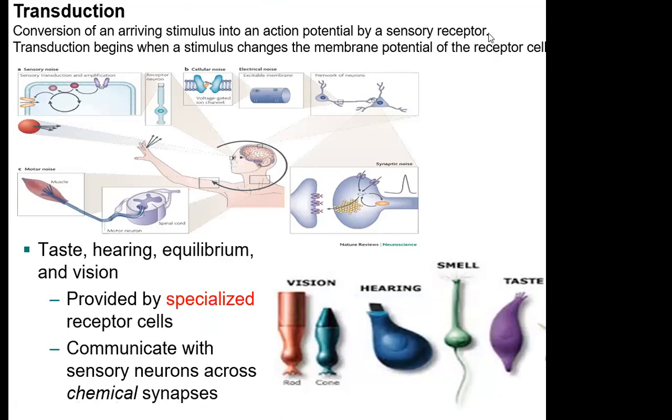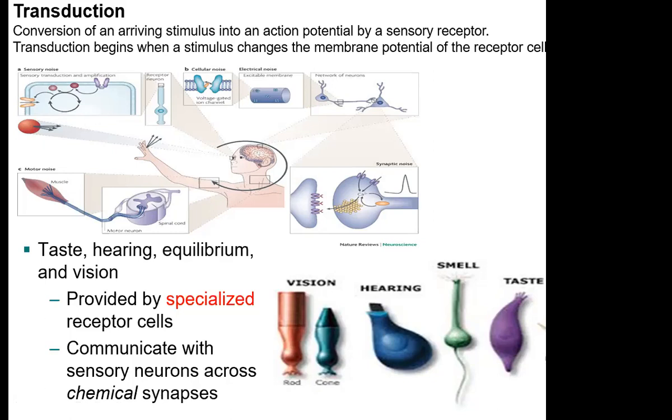So we've got to change it, of course, in order for us to be able to reach threshold, in order for us to have an action potential. So transduction, basically what this means is by converting that stimulus into an action potential, then your body can become aware of that sensory information. So if you think about it, there are things that surround us that you maybe are not aware of completely.